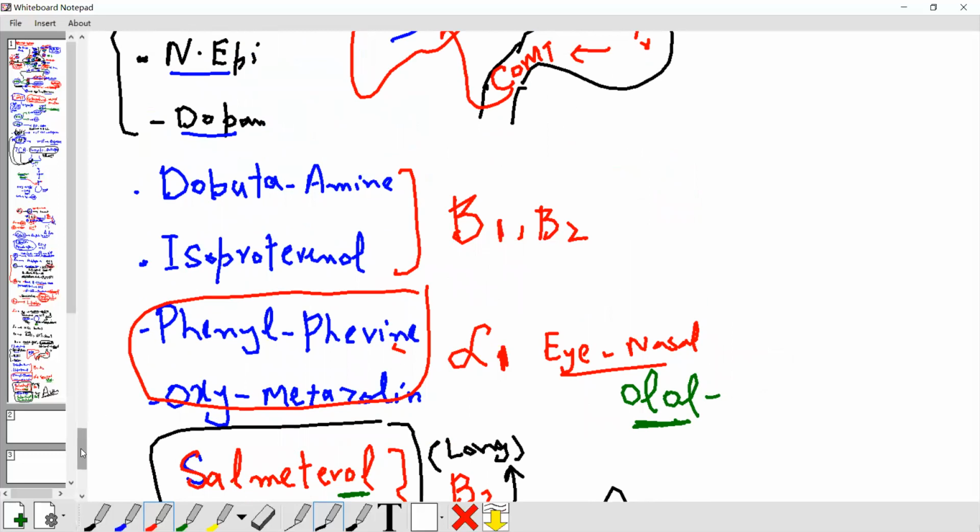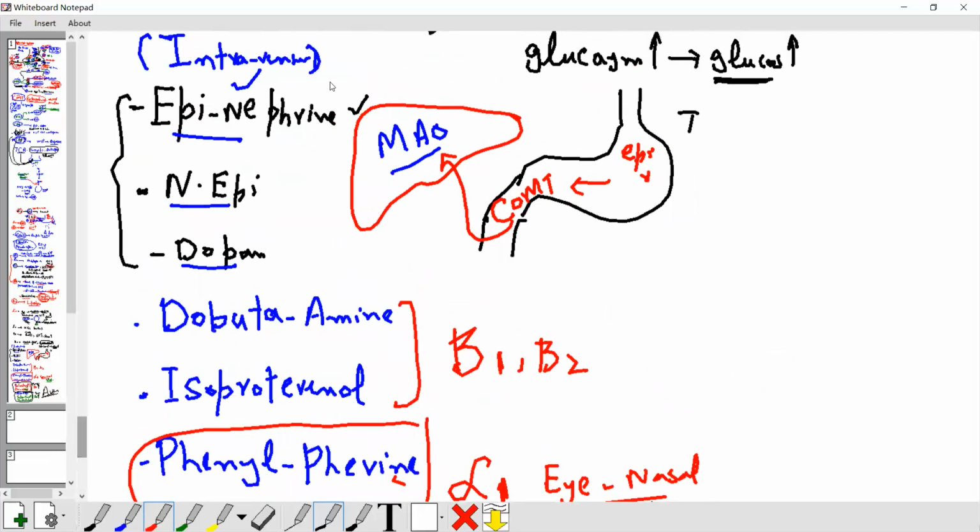How about these drugs? Epinephrine, norepinephrine, dopamine. They can attach to alpha, also to beta, also to dopamine receptors. All receptors, okay? Epinephrine first prefers beta, then also goes for alpha, then also for dopamine. Understand? These three drugs are totally non-selective.